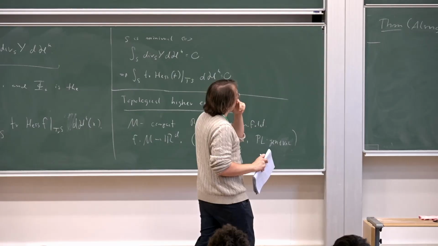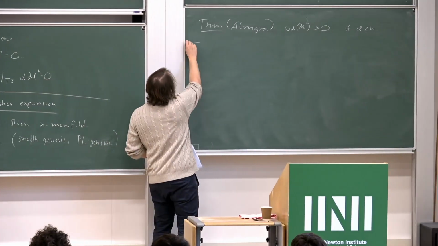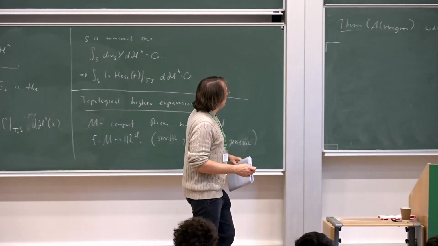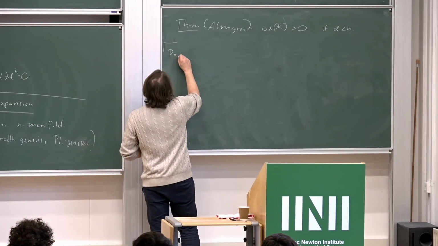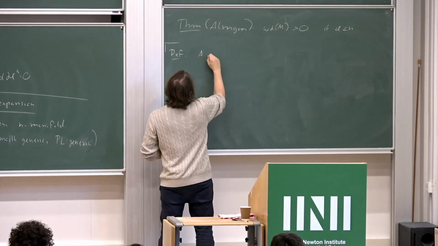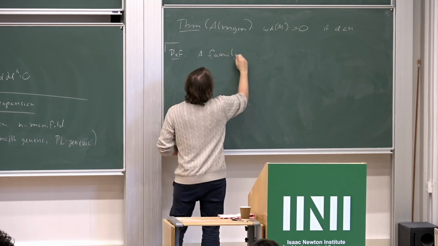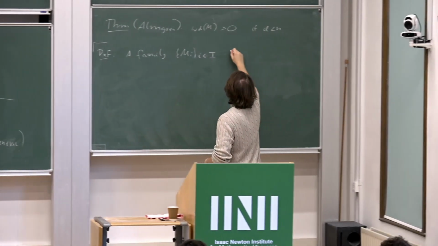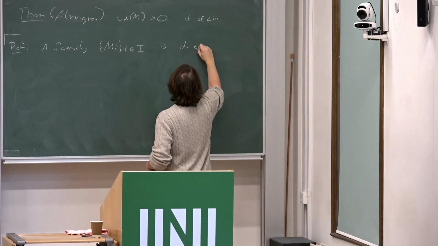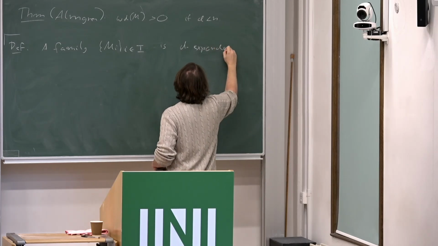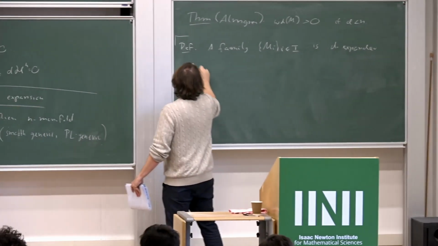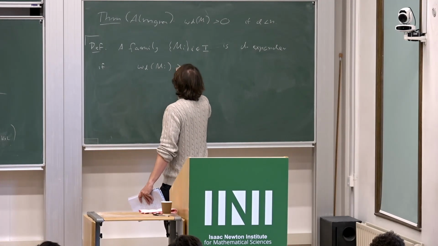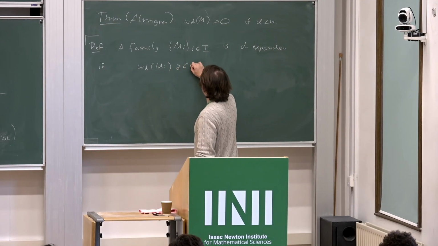But maybe before we go to that, I want to give you a definition of topological expanders due to Gromov. It will be specialized to the setting of Riemannian manifolds. So, definition: a family M_i, i in some index set, is an expander if the d-waists of all submanifolds are bigger or equal than a constant times their volumes.